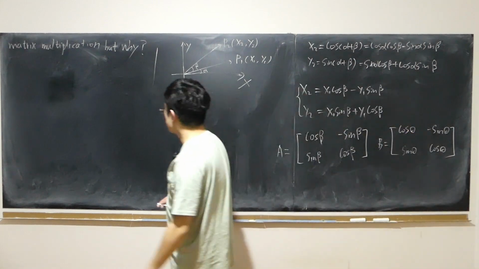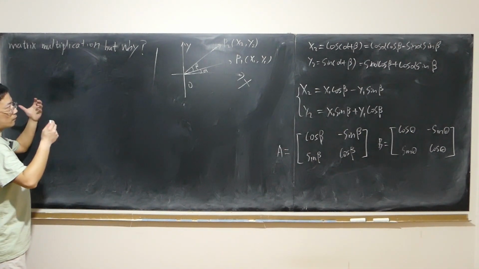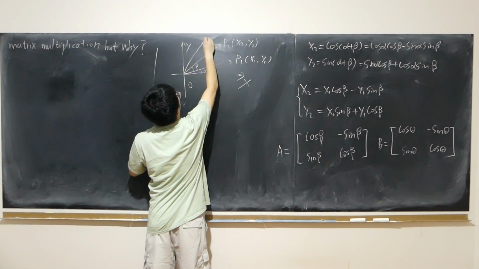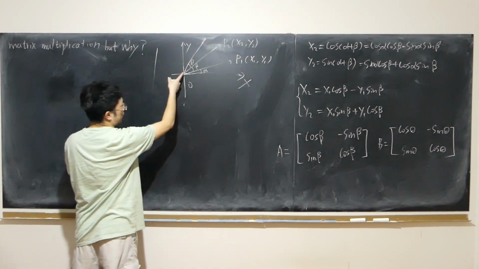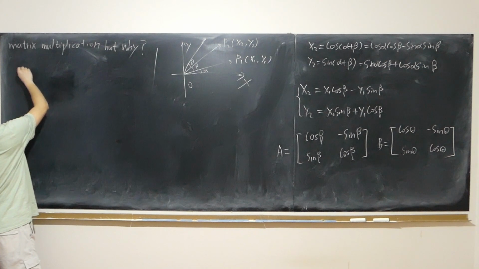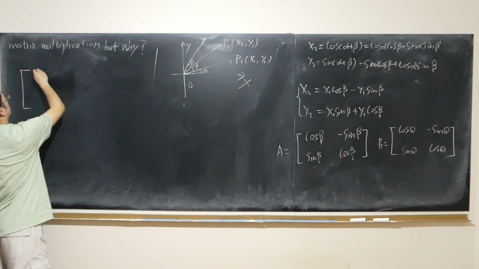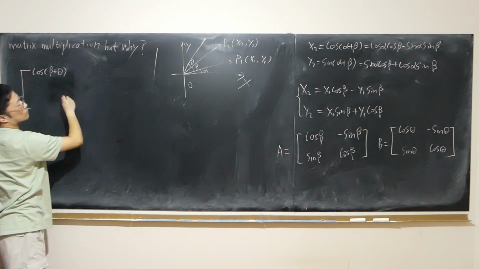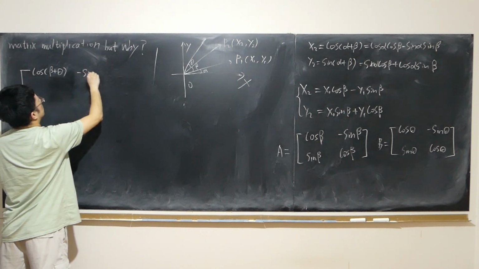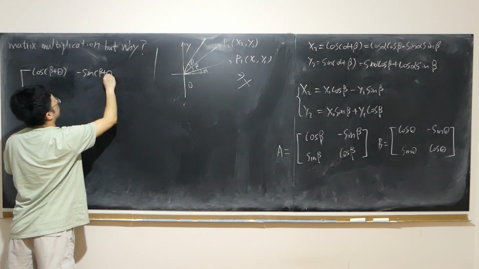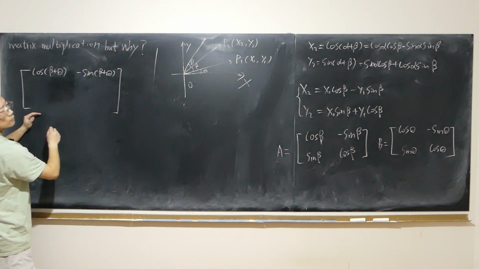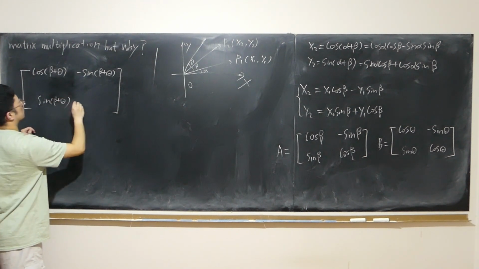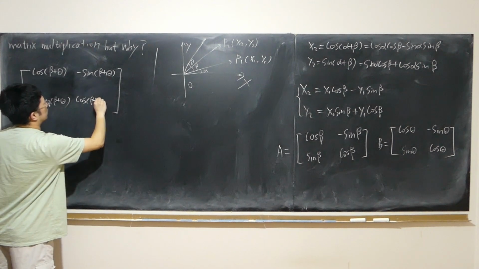We call it a rotation matrix. So if we want to rotate beta plus theta degrees, obviously we can follow the same pattern and write cosine of beta plus theta, negative sine of beta plus theta, and the next entries are sine of beta plus theta and cosine of beta plus theta.